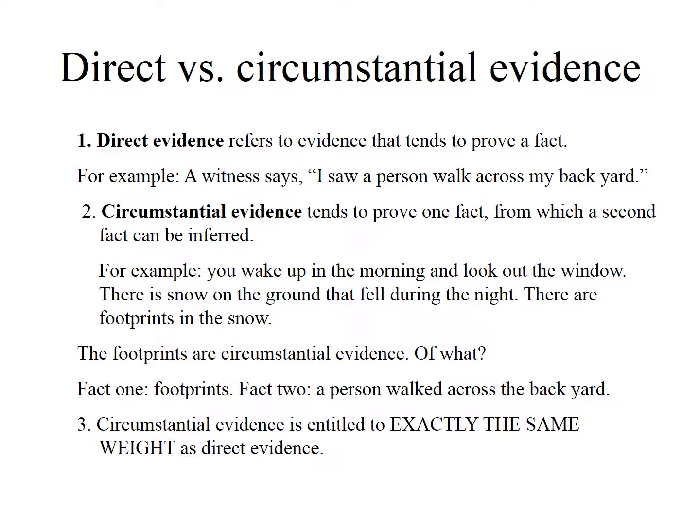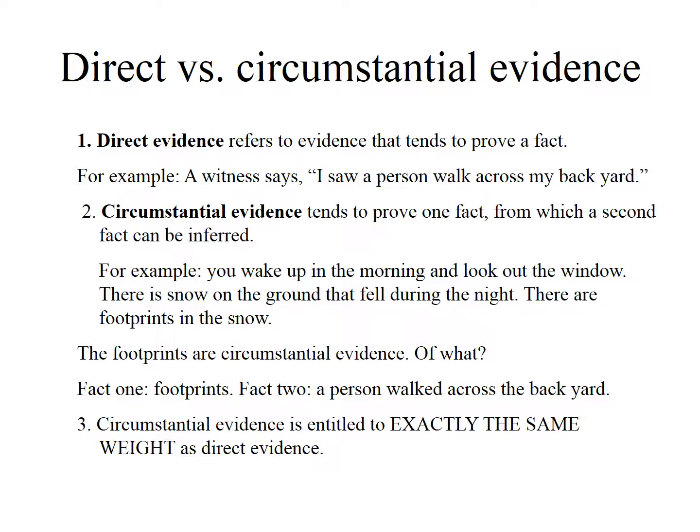What's the difference? Direct evidence refers to evidence that directly tends to prove a fact. A witness says on the witness stand, and remember, this witness talking, that's evidence. The words of the witness from the witness stand are evidence. They are direct evidence because the witness is going to say, I saw a person walk across my backyard.